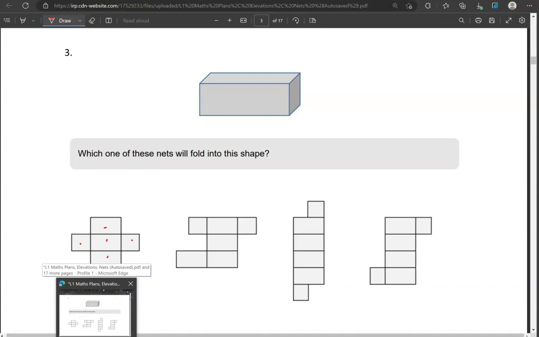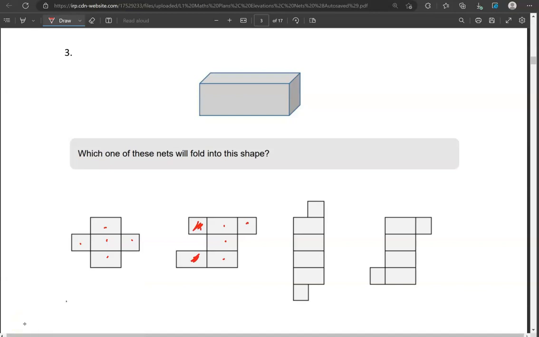Looking at the second one, we've got 1, 2, 3, 4, 5, 6. So that is a potential one based on the number of faces, but if you look at them, this will overlap with this when you fold it. So that's not the correct option.